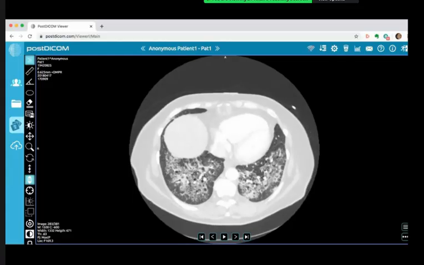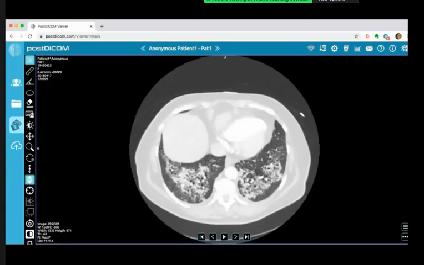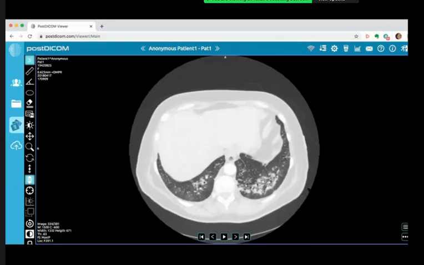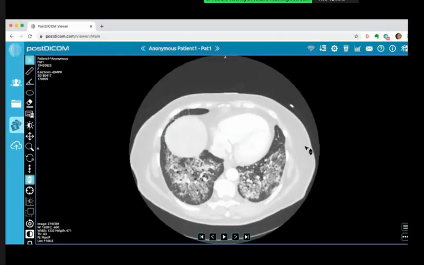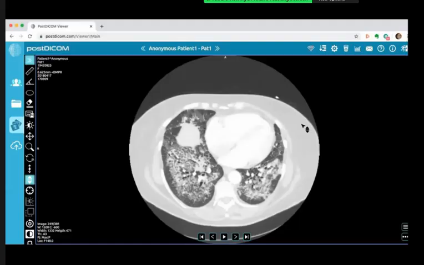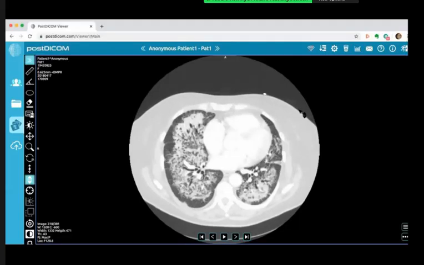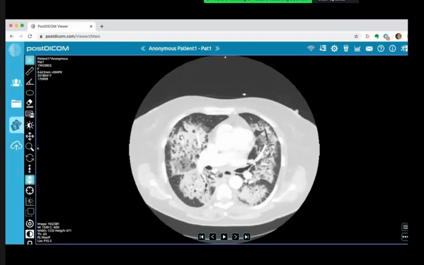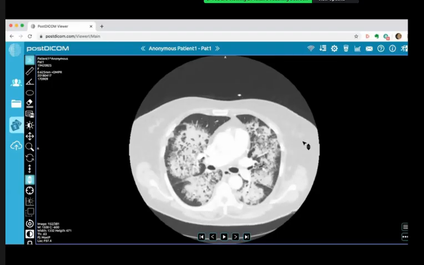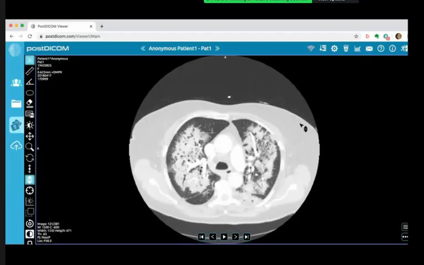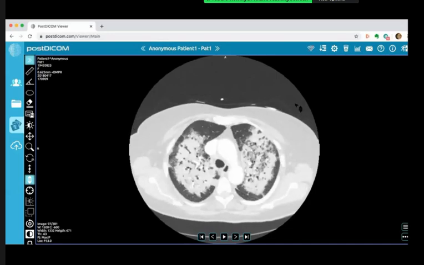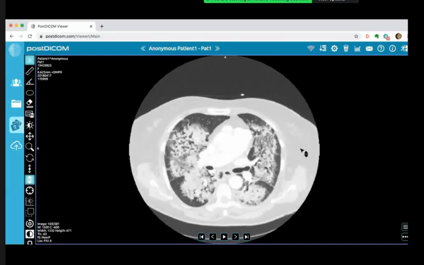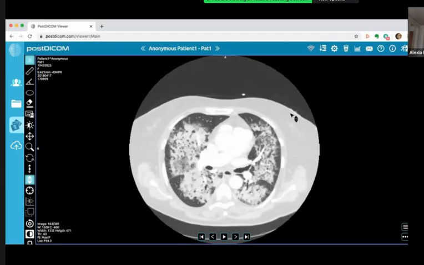There's definite subpleural sparing of the lung parenchyma, and there's bilateral pulmonary consolidation with air bronchograms as well. More perihilar distribution. That's central, isn't it? Both lobes. Quite symmetrical, isn't it? Yeah, they are quite symmetrical.